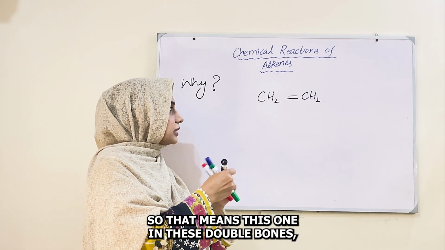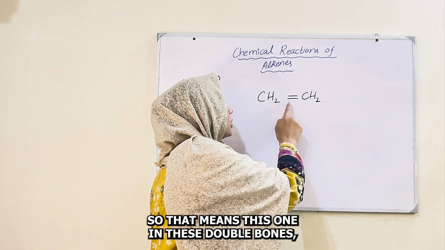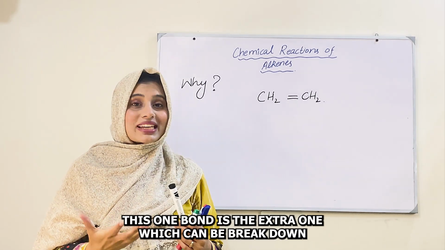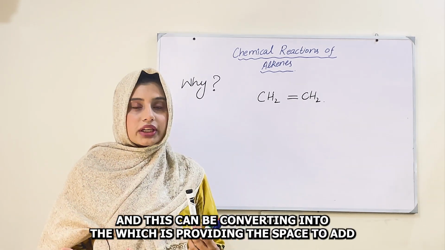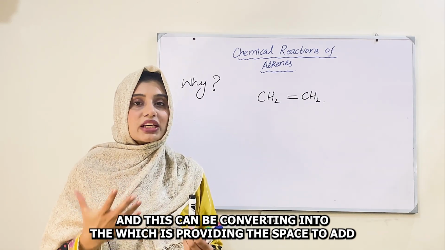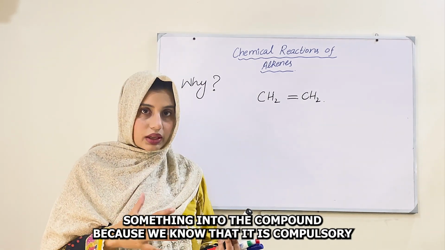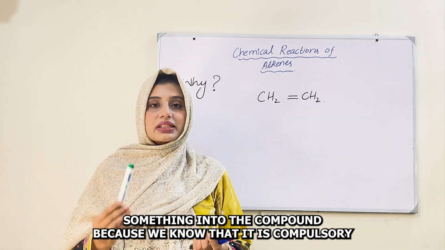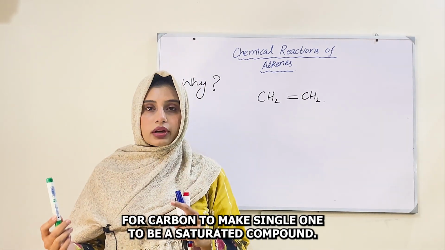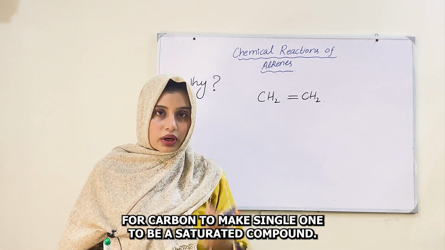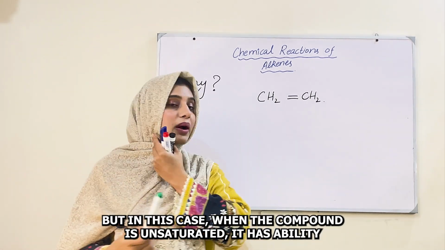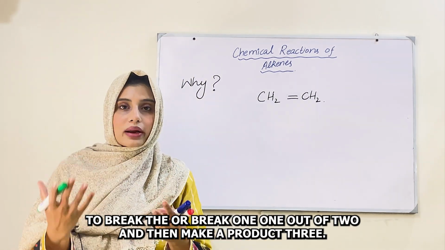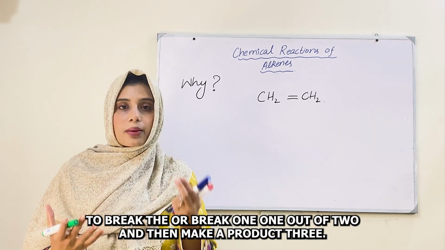That means in this double bond, one bond is the extra bond which can be broken down, providing space to add something into the compound. It is compulsory for carbon to make single bonds to be a saturated compound, but when the compound is unsaturated, it has the ability to break one bond out of two and then make a product.